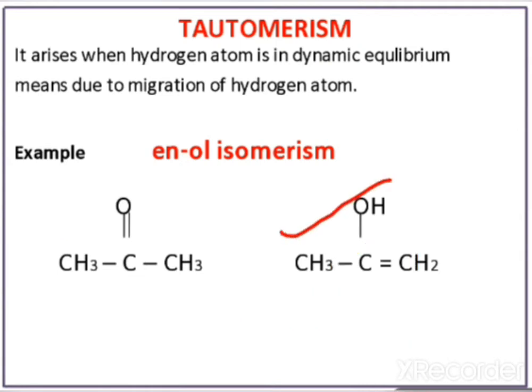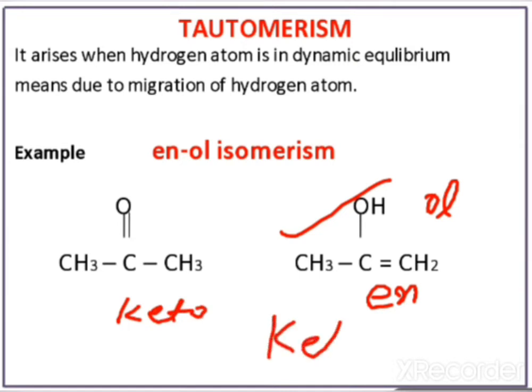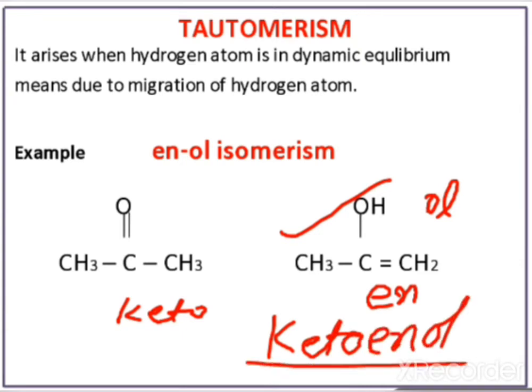So now why is it enol isomerism? Here it's a keto-enol. See, double bond means ene, this is ol, and this is keto. So what will be the name of this isomerism? Overall we can write it as keto-enol isomerism.